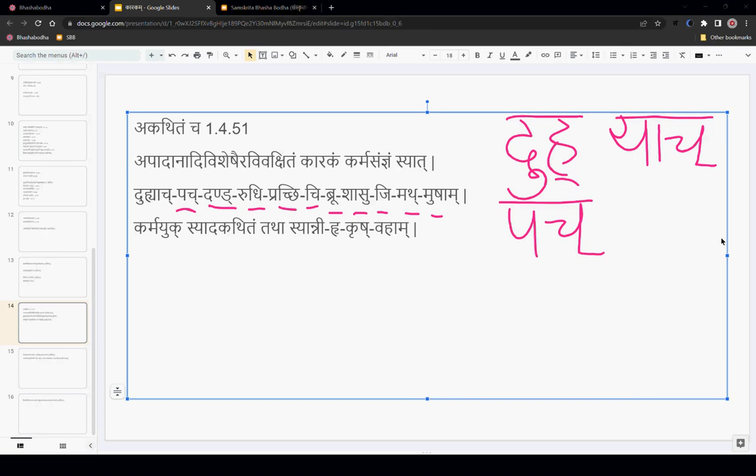So what is tandulam here? Rice. Rice means what? Is it rice grain or cooked rice? Cooked rice will be annam. Trying to make plain rice into cooked rice, that is rice grains into cooked rice.